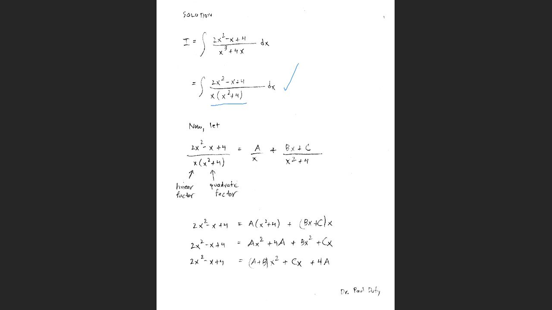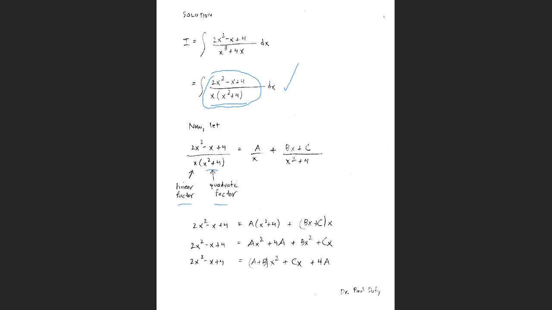So, how does this work? Again, we have to rewrite this rational function. It turns out that the rational function can be written, well, there are two factors in the denominator. There's a linear factor, which is the x, because that's of degree 1. And then there's the quadratic factor, which is x squared plus 4. Now that's second degree.